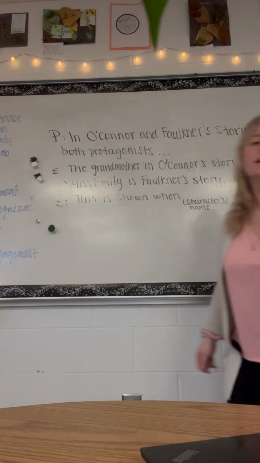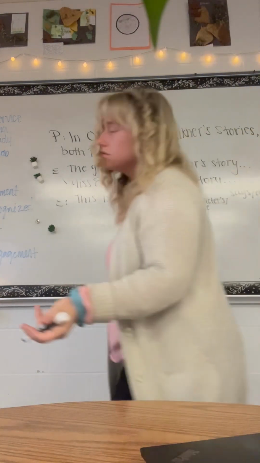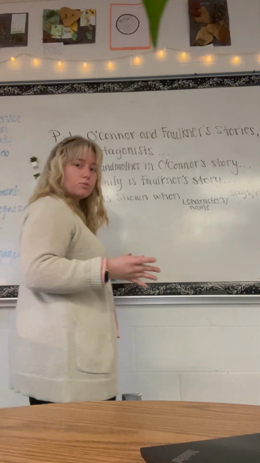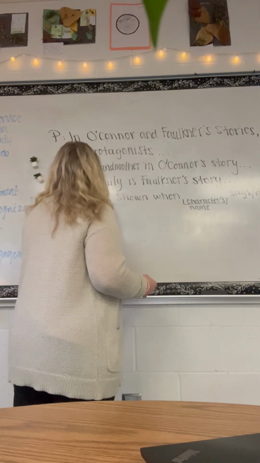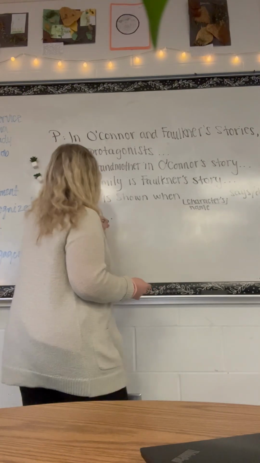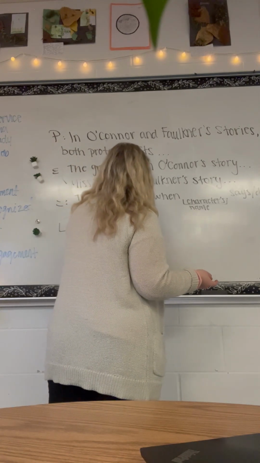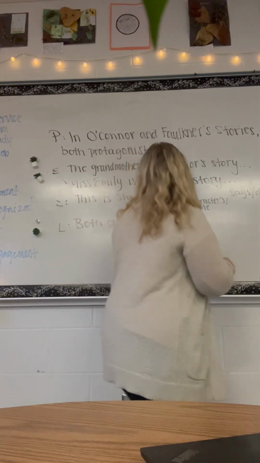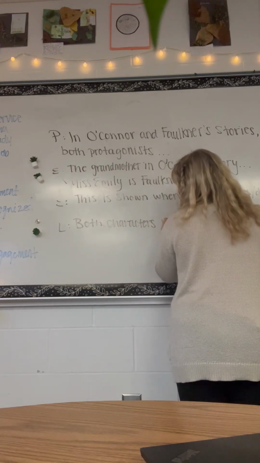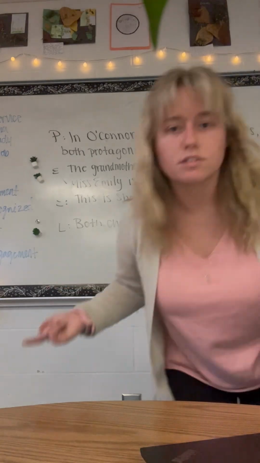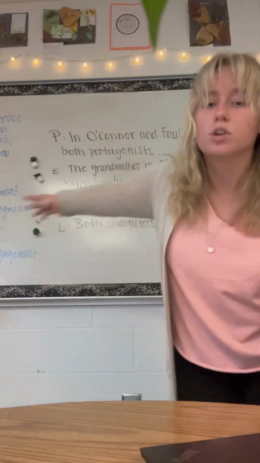Okay, so now we get into the L, right? The length. Tell me what both characters do. All right, so both characters resist what? And really what I'm asking you is to talk about, what do they resist? They resist change. How do they do it? What's similar about both of them?